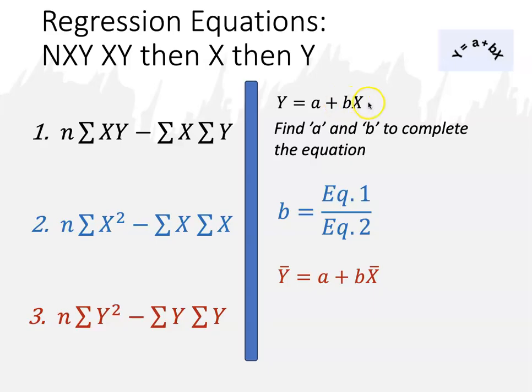So y equals a plus bx, but we're using the average value for y and the average for x. And since we want to solve for a, we're going to transpose to make a the subject. So bringing over the bx, we have the average for y minus b times the average of x will give us a. Or simply put, a is equal to the average of y minus b times the average of x. So these are our equations.